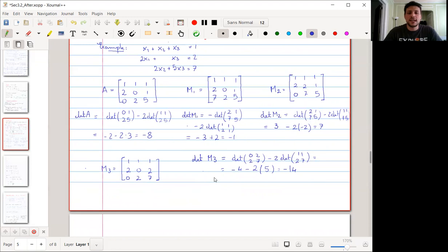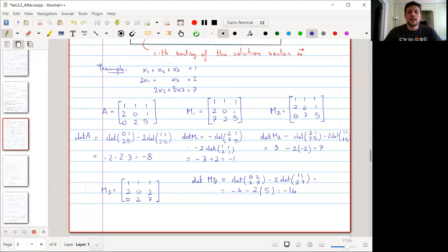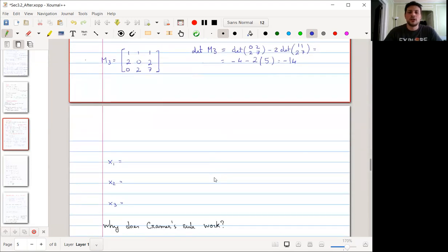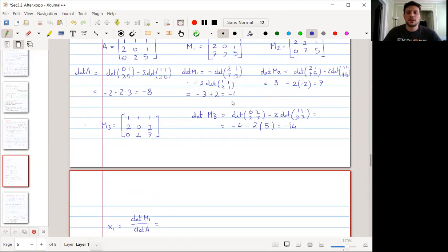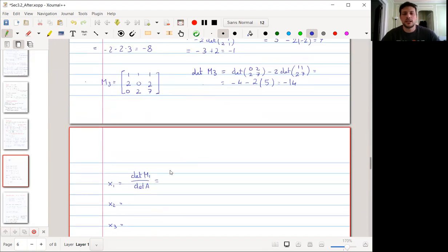We can now write out the entries for our linear system. So x1 will be the determinant of M1 divided by the determinant of A. The determinant of M1 is negative 1. The determinant of A is negative 8. So I get minus 1 over minus 8, which is 1 over 8.